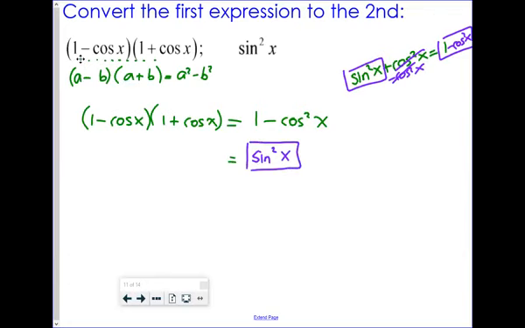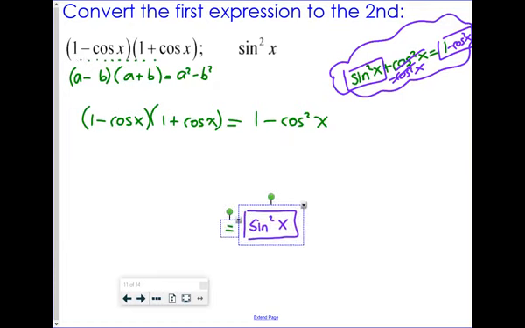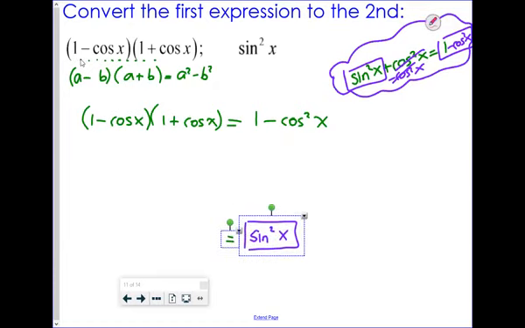You could have done that if you don't like doing these little thought bubbles off the side, like I'm doing, this thinking in my head. A different way you could have done that question is you could get this 1 and say, oh, I know that sine squared x plus cos squared x equals 1. So where I see that 1 here, in its place I can write sine squared x plus cos squared x.